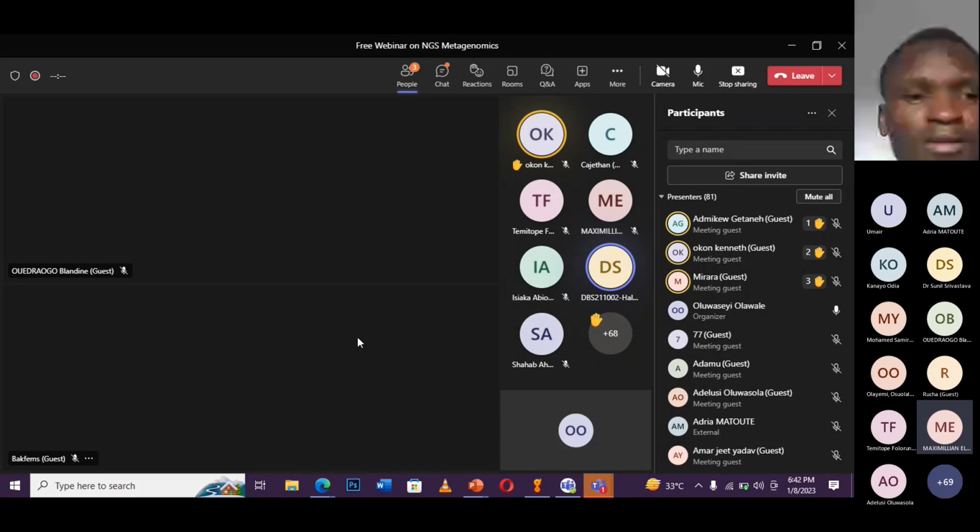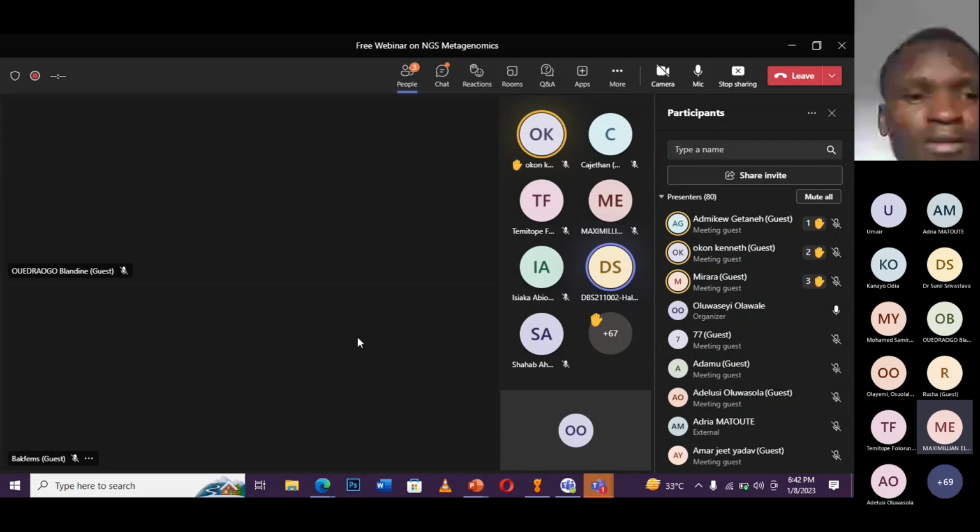Is it all right to do pooling by whole genome or metagenome? Oh, you want to pool the DNA fragments from different regions as whole genome? Well, it's possible, but that is technical. At times, you might not find the full coverage of what you're actually looking for. Do you understand what I'm saying?